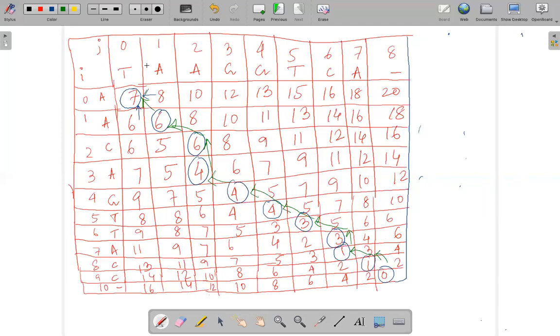We start from the bottom right corner, as I have already shown you. Then what do you do?